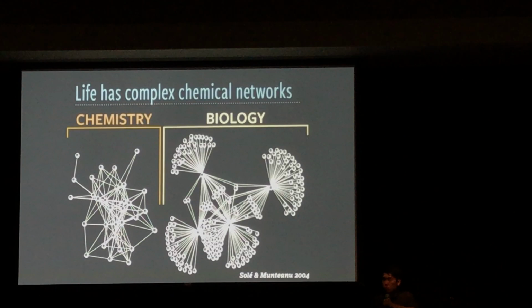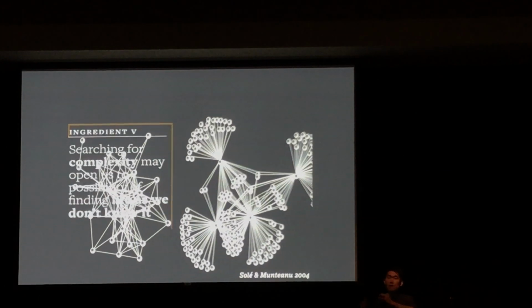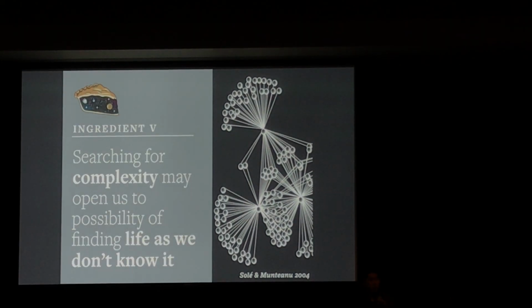We love to use pyruvate as starter molecules to build other things. And that's what you see here in these nodes. So the topology to a biochemical reaction network is very much more complex than this random, purely chemical network. So this brings me to my fifth and final takeaway or ingredient in the apple pie that we'll bake together soon. And it's that searching for inherent complexity can open us to the possibility of finding life as we do not know it.